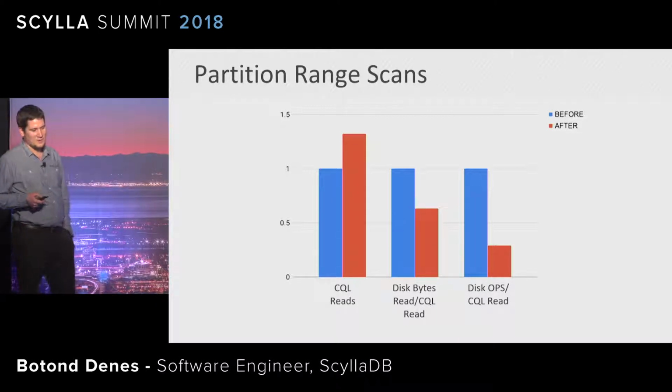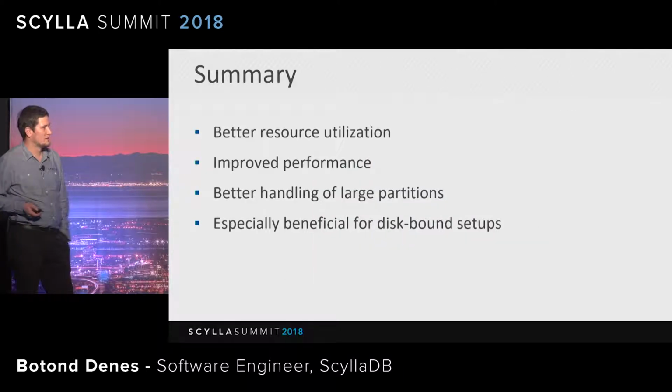I also included the improvement in the disk usage. The improvement in the disk usage is much more significant than the improvement in the throughput. The overall disk is accessed a lot less, and we read a lot less bytes per a single CQL read.